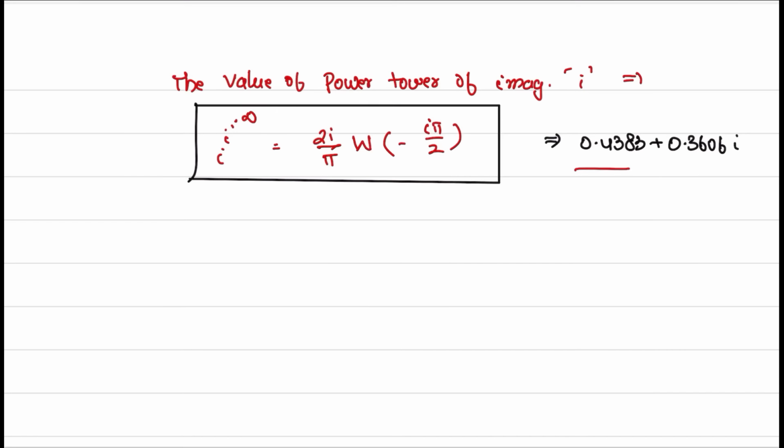This is the final value, a numerical value. You need not worry beyond this. If the W of minus i pi by 2 value is given, then you can calculate by putting the value of pi. Pi is equal to 3.1416.